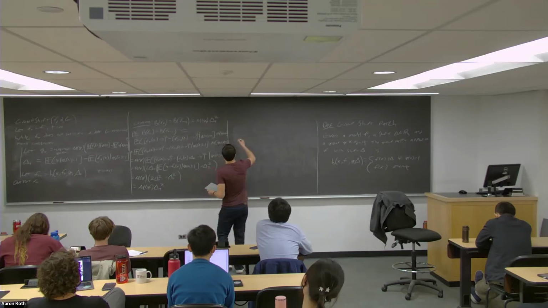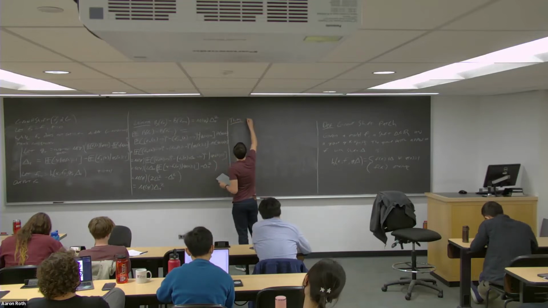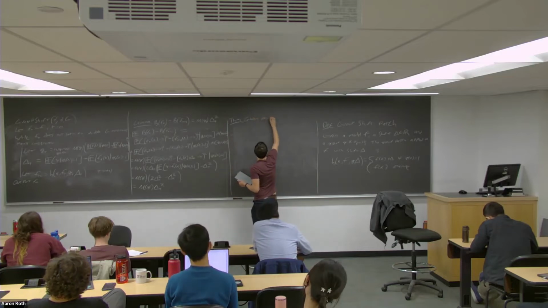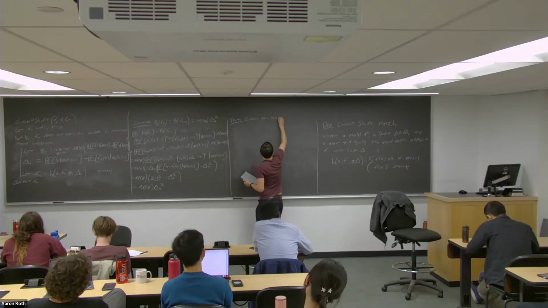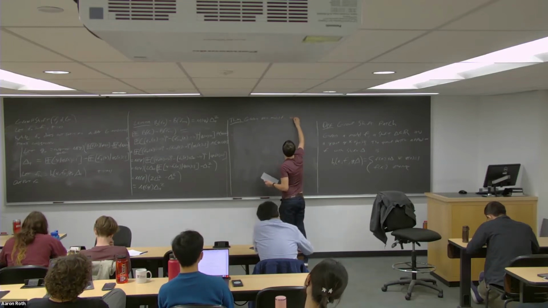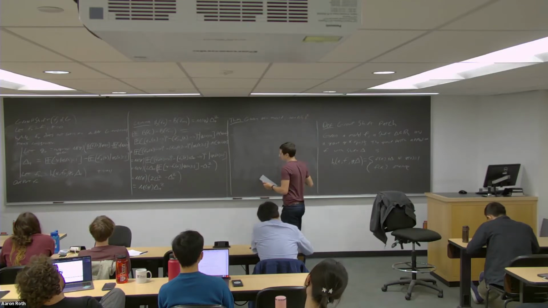And so we can end up with the theorem that given any model F, and given any collection of groups, doesn't matter what they are, they can intersect in arbitrary ways.